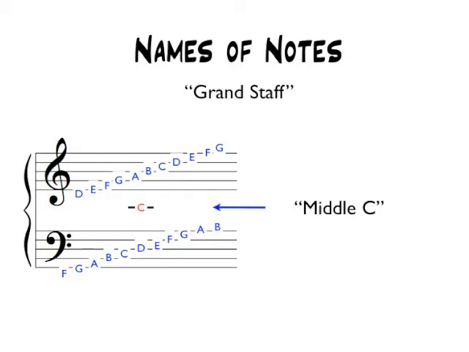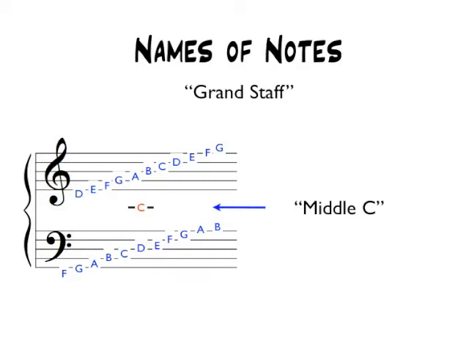trying to show you that middle C is called that for a reason, and that it basically connects both of these clefs together into one grand fashion, so that as we go alphabetically, everything makes sense all the way from that bottom F of the bass clef up to the top G of the treble clef. Everything connects and makes sense.